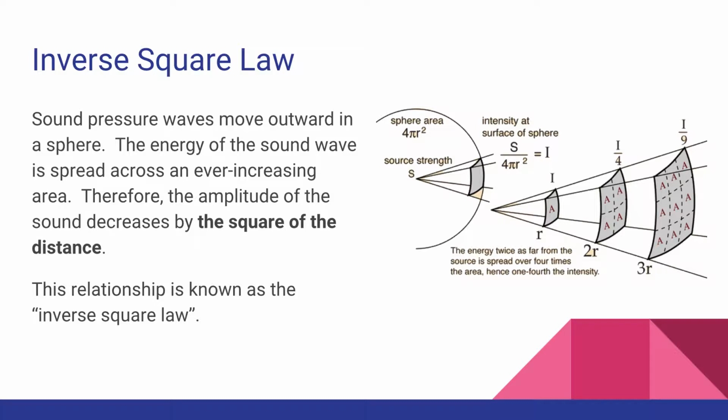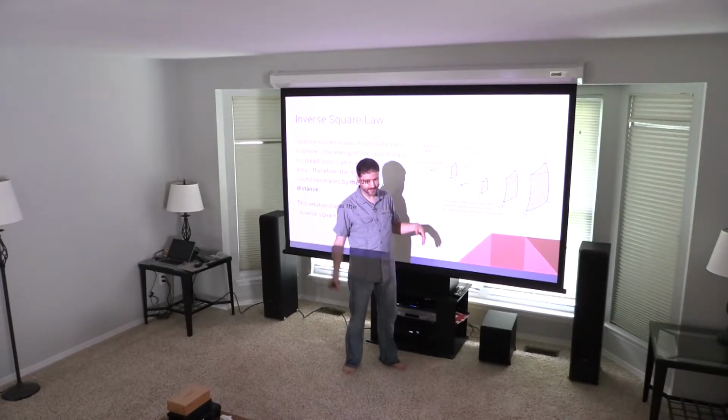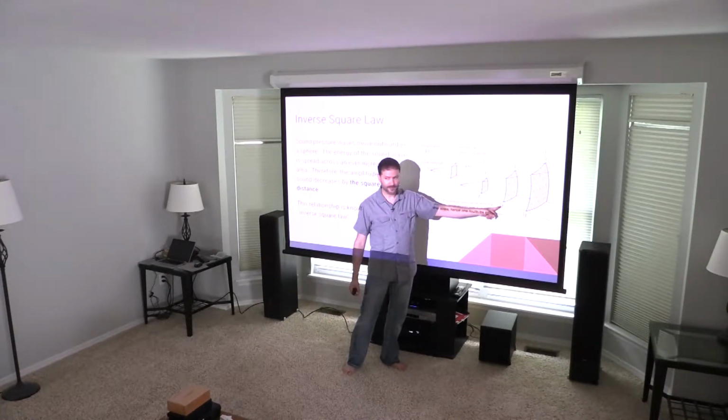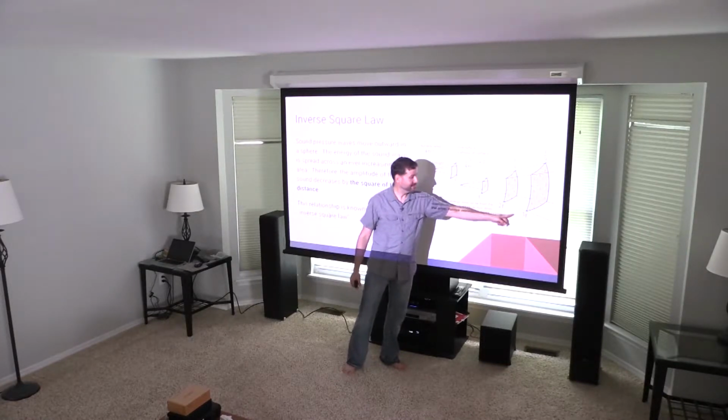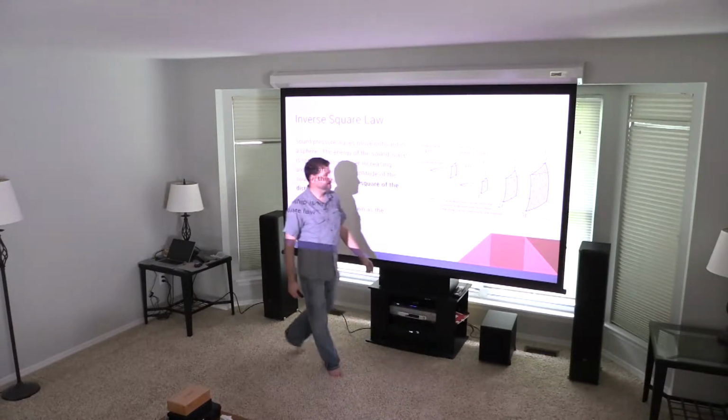So if I'm here, my loudness might be, let's just pick a number like 100. If I get out here, my loudness isn't going to be half that, it's going to be a quarter of that. And when it's out here, it's going to be a ninth of that.